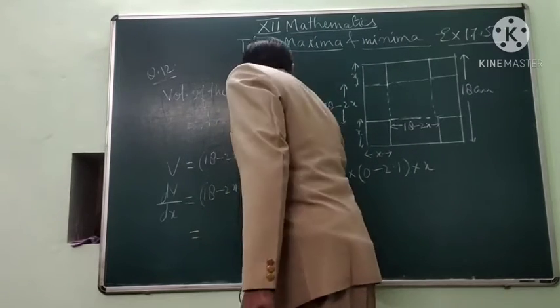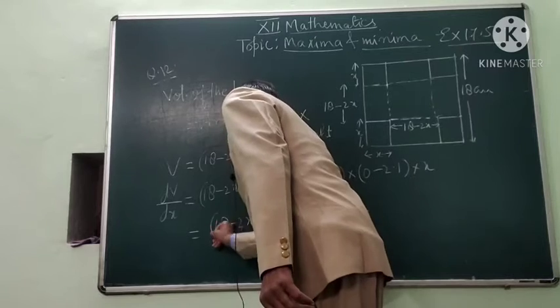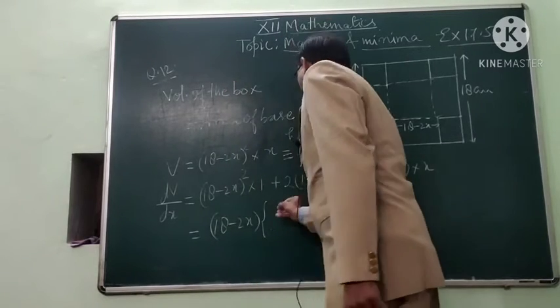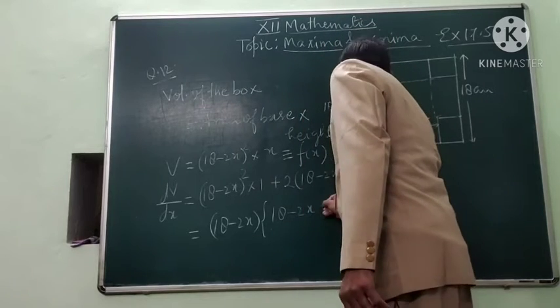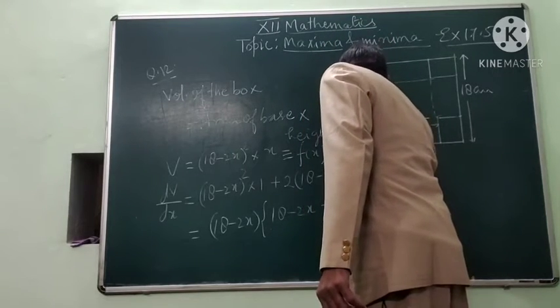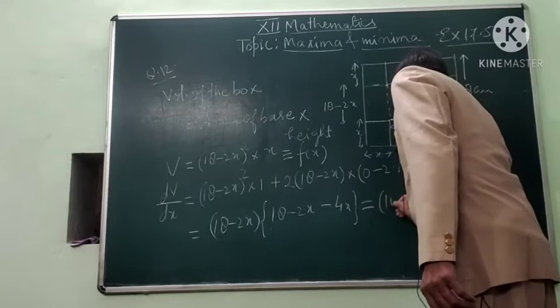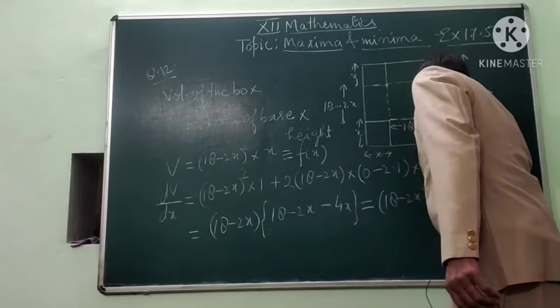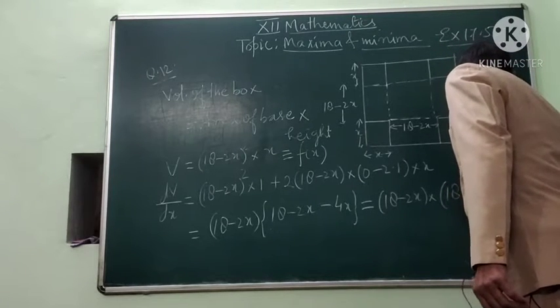Now here 18 minus 2x is common, then 18 minus 2x is left, minus 4x. This gives you (18 minus 2x) into (18 minus 6x).